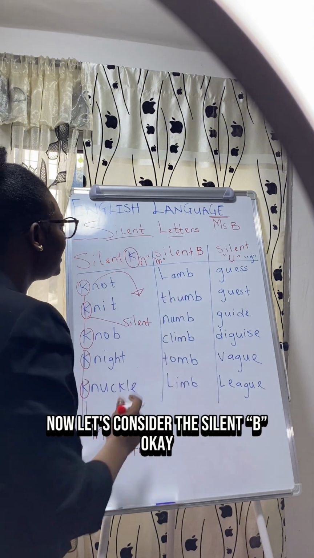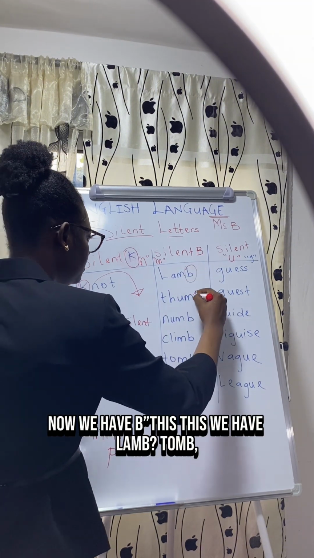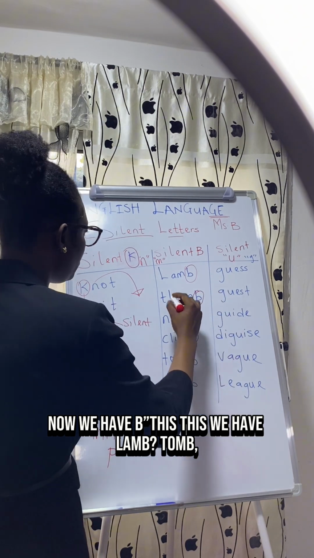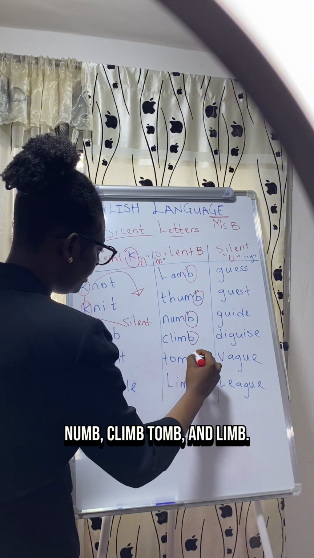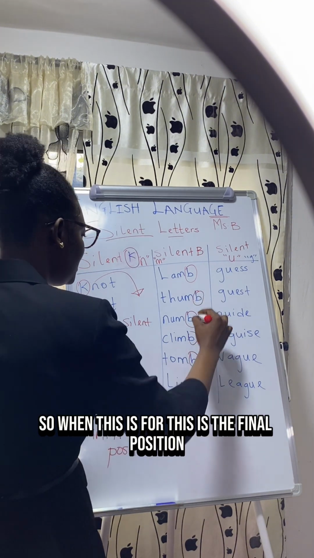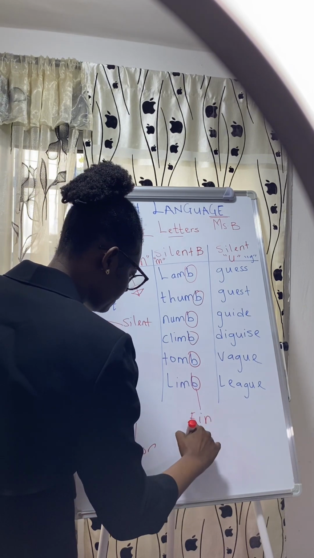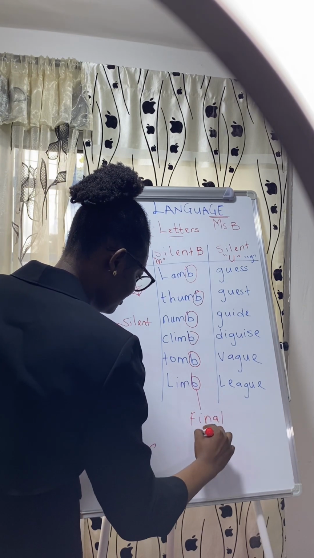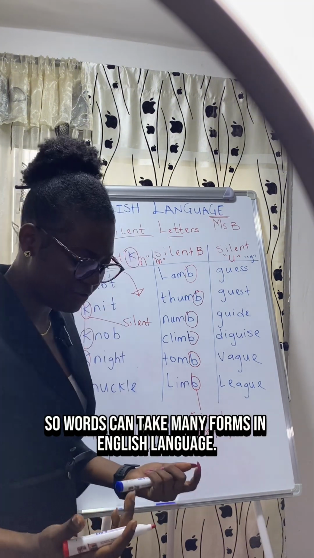Now let's consider silent B. Now we have B, we have lamb, thumb, numb, climb, tomb, and limb. So this is the final position. So words can take many forms.